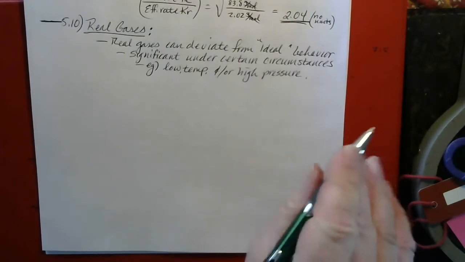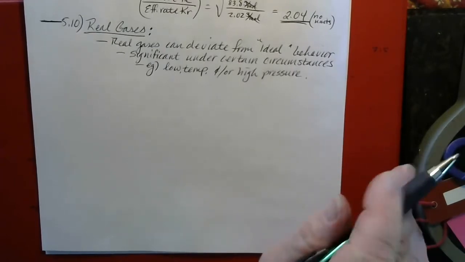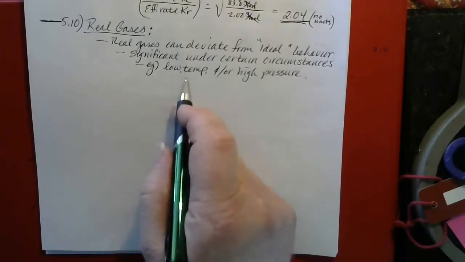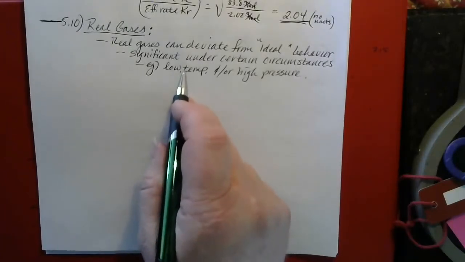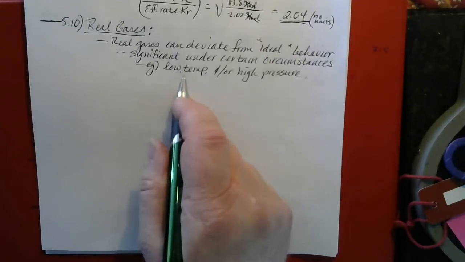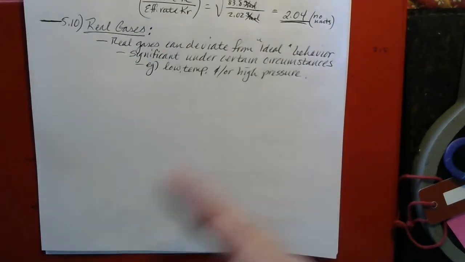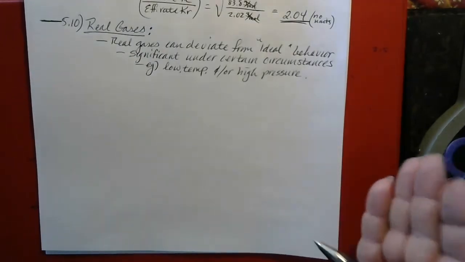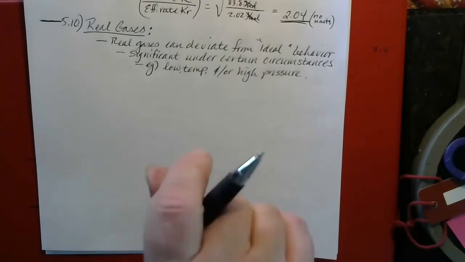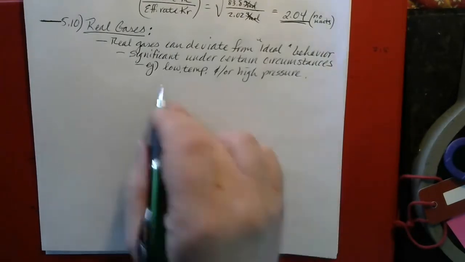Basically, it's the kind of things that force the molecules together for longer periods of time. So low temperature, because it slows the molecules down so that when they collide with each other, maybe they don't bounce off each other immediately. And that can allow certain intermolecular attractions to come to the fore and exert themselves, which can cause the molecules to start sticking together a little bit, which is a deviation from ideal behavior.